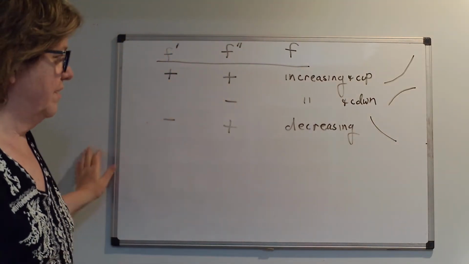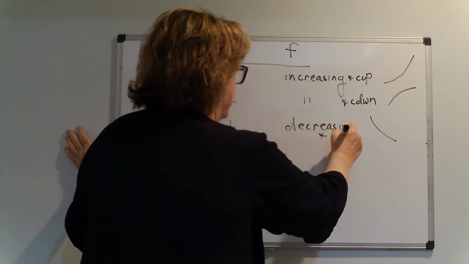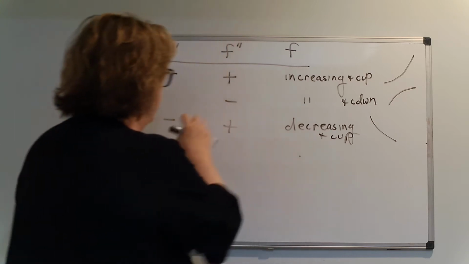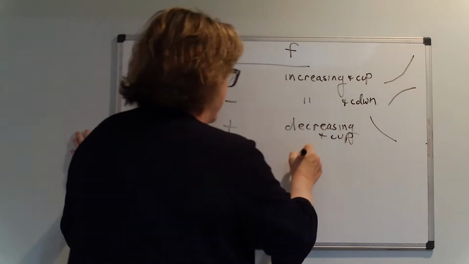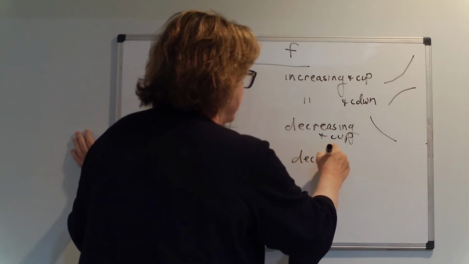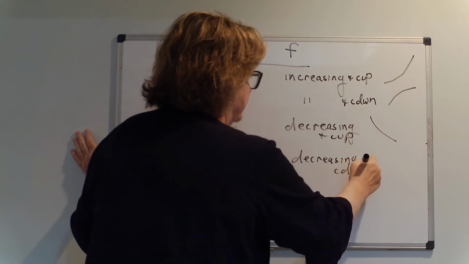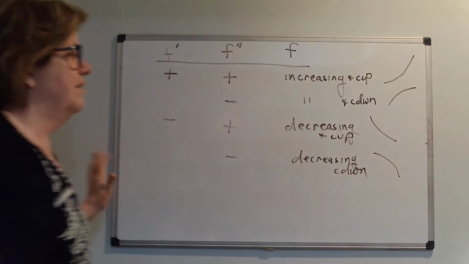Decreasing but concave up. Then if the first derivative is negative and the second derivative is negative, the function is decreasing and concave down, so it's looking like that.